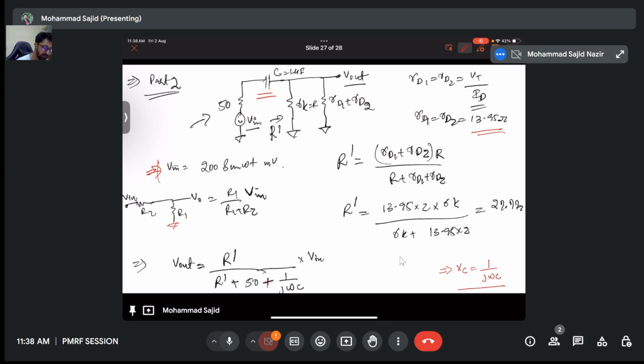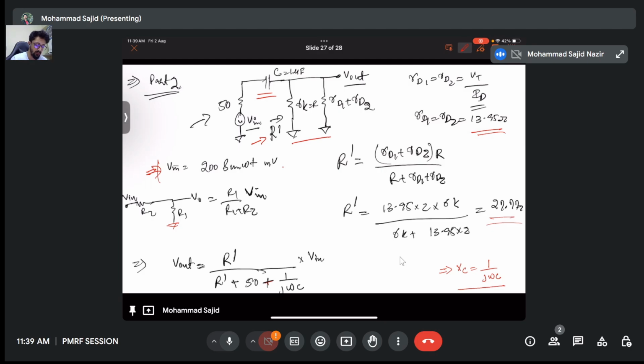But you have two resistors in parallel, and then it is in series with the capacitance and the 50 ohm. First, let's find the R dash, which is the resistance looking into this parallel combination. So this will be (RD1 plus RD2) multiplied by R divided by (R plus RD1 plus RD2). So R dash comes out to be 27.77.